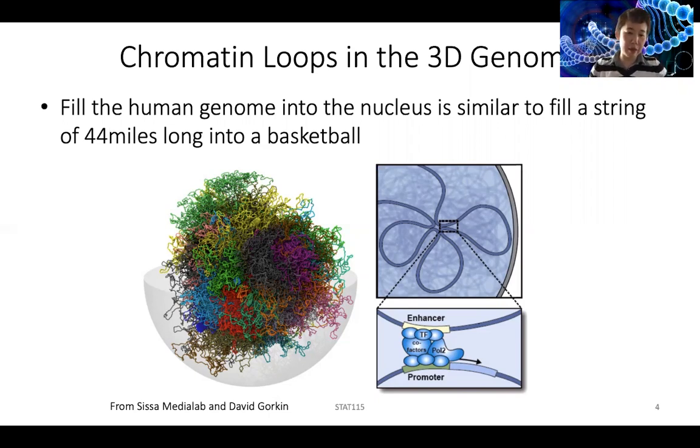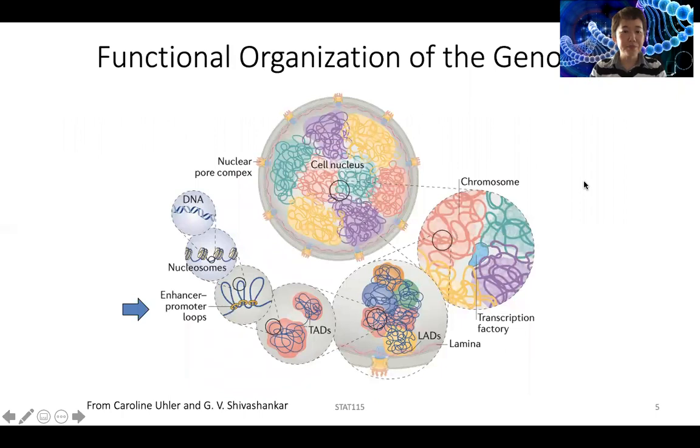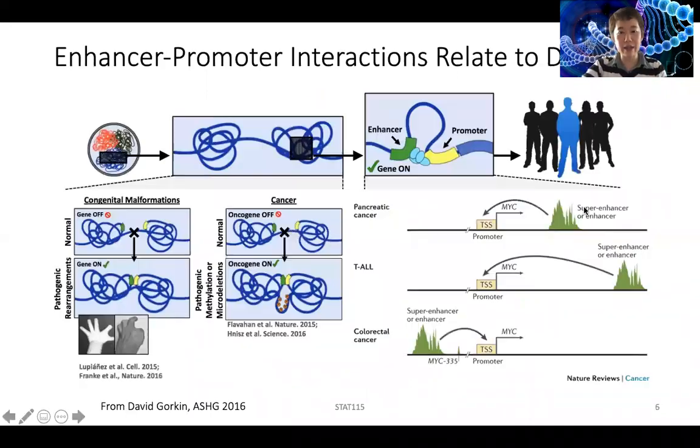The genomes get bigger and bigger, and in order to package it well and still activate the genes at the right time, the chromatin needs to package correctly. And so this is very, very important. In order to really understand the promoter and enhancer and how they loop and interact to regulate gene expression becomes a very interesting question.